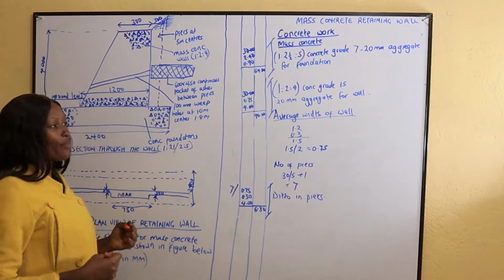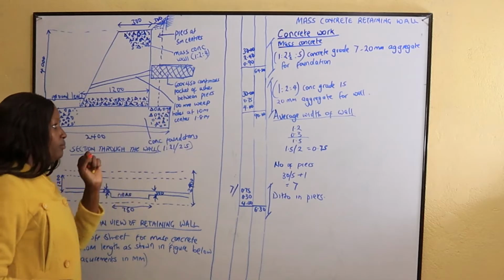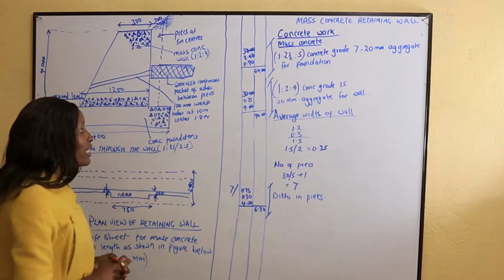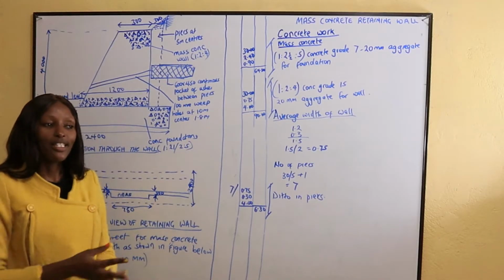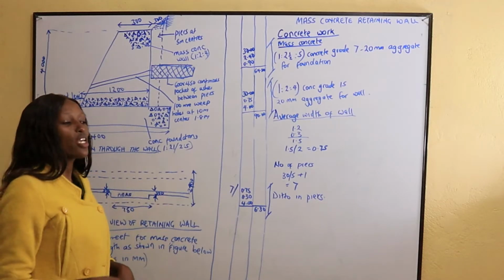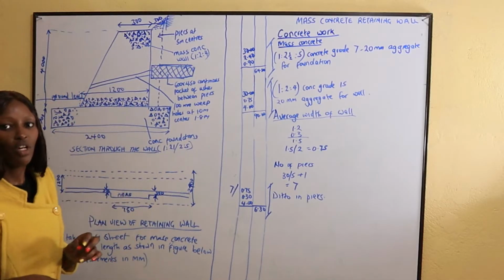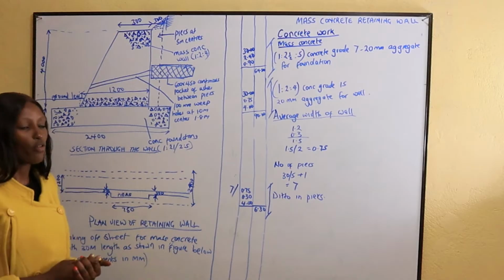The retaining wall usually also has 100 millimeter weep holes at 1 meter centers. The weep hole is like a pipe that is inserted through the wall so that it can drain the water in the soil out onto the ground level, to avoid a lot of pressure which can lead to collapse of the wall.